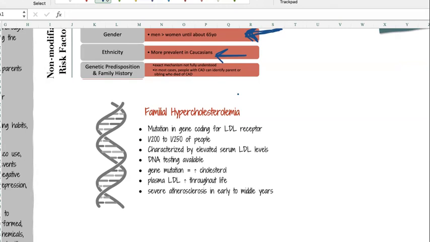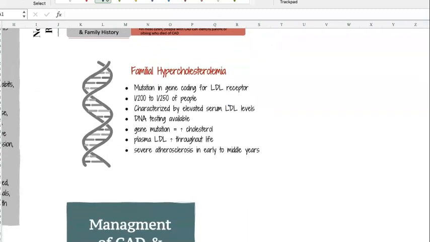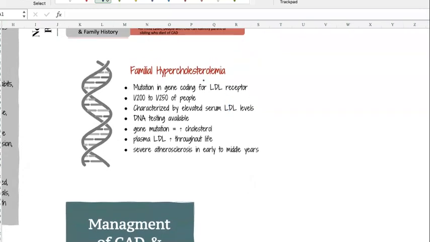Most people who have a coronary event can identify a parent or a sibling who has died of coronary artery disease.